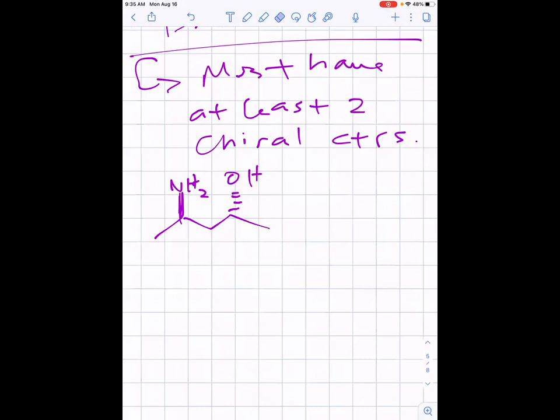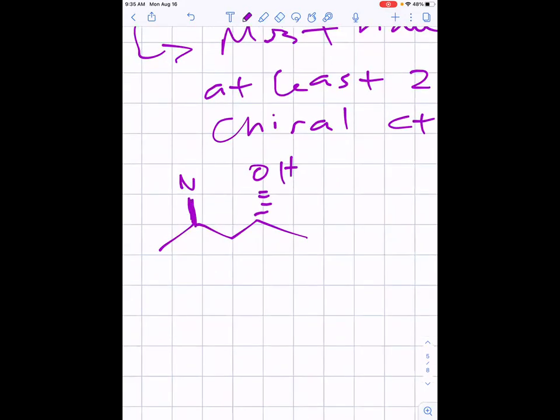All right, and if we look at the molecule itself, you can see that it has 2 chiral centers, but let's prove it.